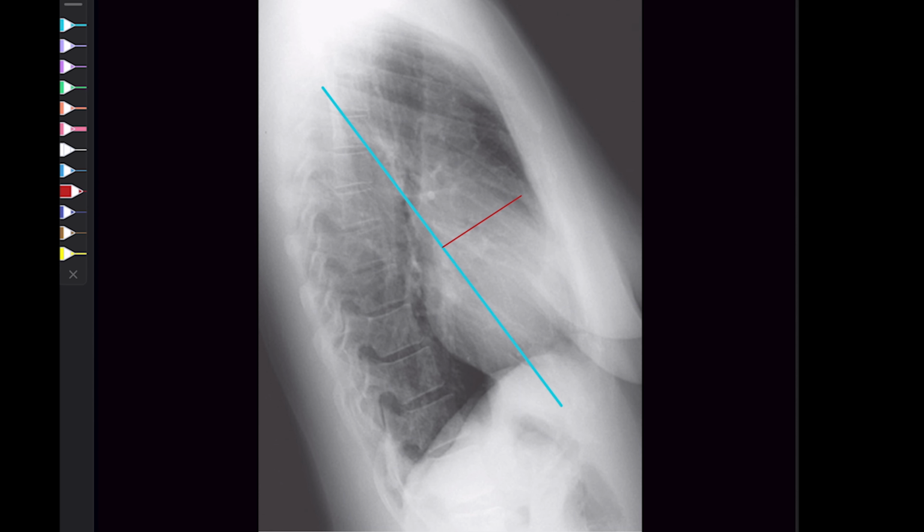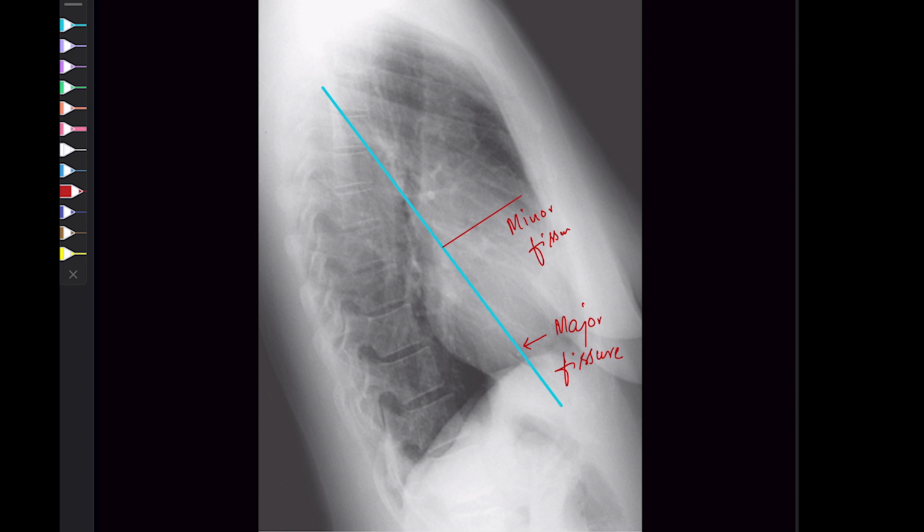So what are these two lines? This line is what? It represents what? The major fissure. And this line, that represents the minor fissure. And these lines are really important.